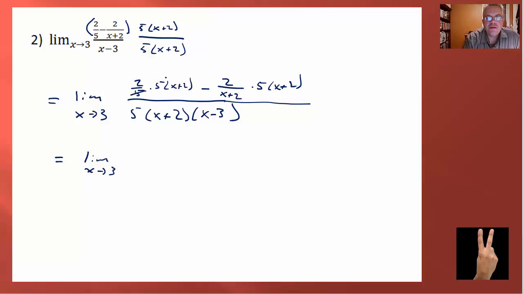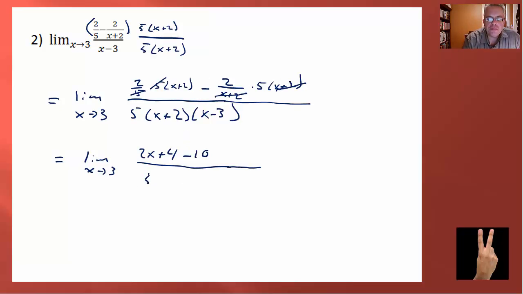Here, a 5 and a 5 will cancel. And I'm left with 2 times that. I'm going to save us a little time by just going ahead and distributing that. 2x plus 4. I know that whatever I get here, I'm hoping to combine with whatever I get there. All right, over here, x plus 2 will cancel this x plus 2. And we're left with minus 2 times 5, which is minus 10.